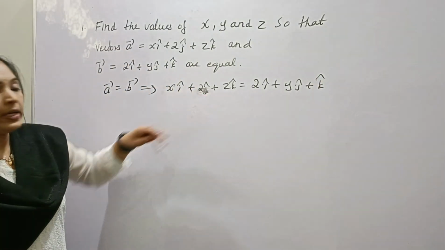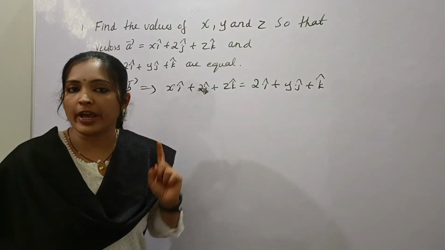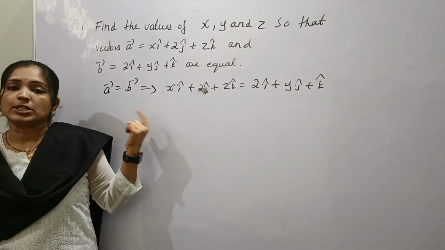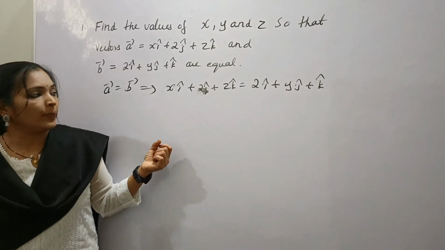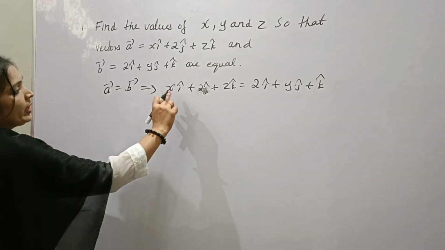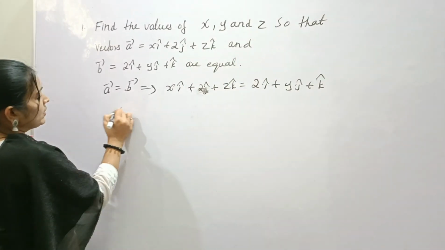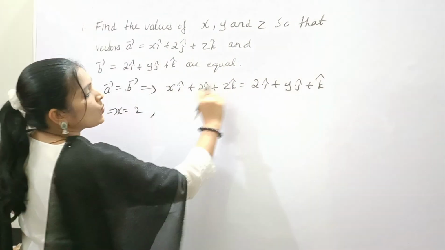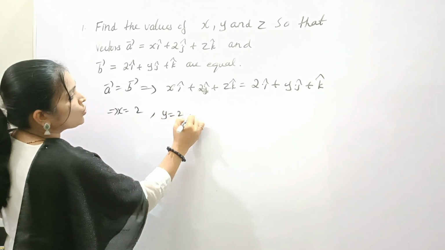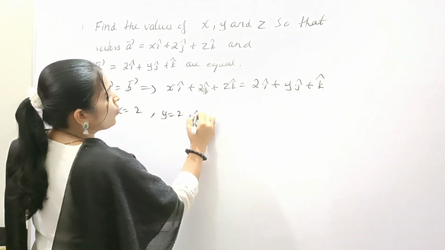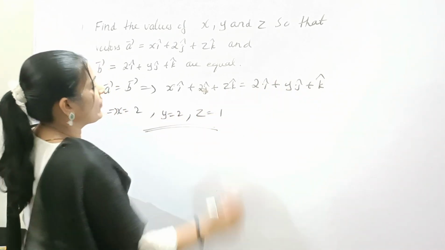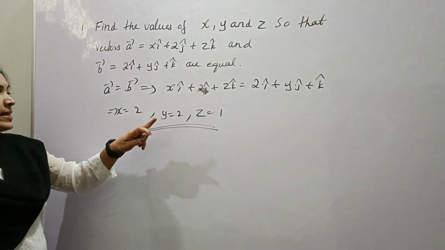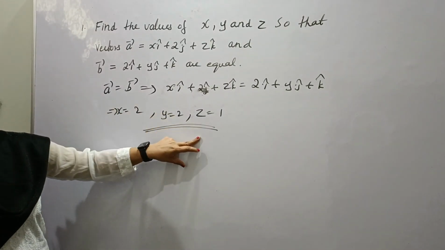Therefore, x is equal to 2, y is equal to 2 and z is equal to 1. So the values of x, y, z are 2, 2, 1 respectively.